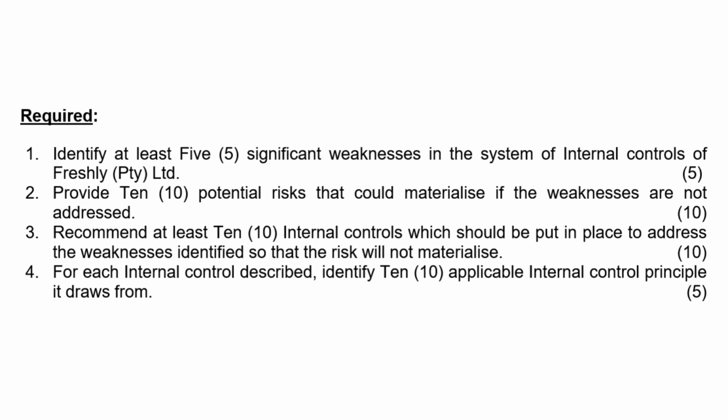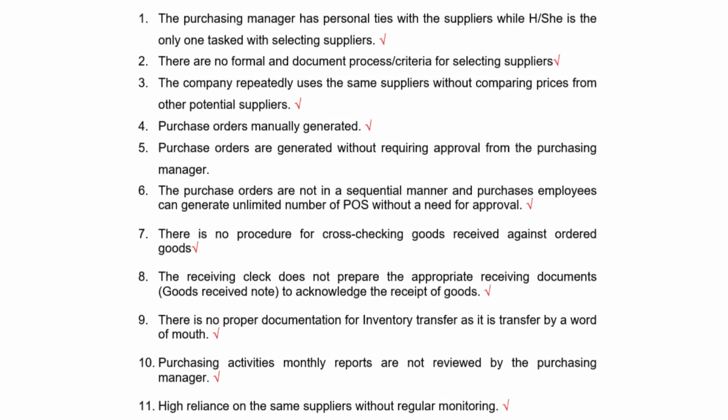You can see there, that was number one: identify at least 5 significant weaknesses in the system of internal control of Freshleaf Pty Ltd, and we've identified more than 5 of those. Now we also needed to provide 10 potential risks that could materialize if the weaknesses are not addressed by the organization. So what we can do is use these weaknesses to identify what could go wrong.